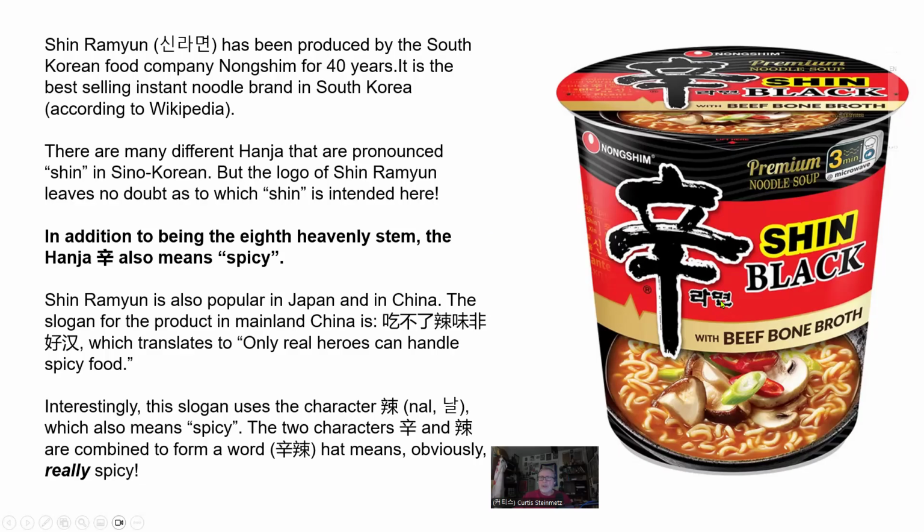That's written in Hangul down here. There are in fact many different hanja that are pronounced shin in Sino-Korean, but the logo of Shin Ramyun leaves no doubt as to which shin is intended. Very clear.